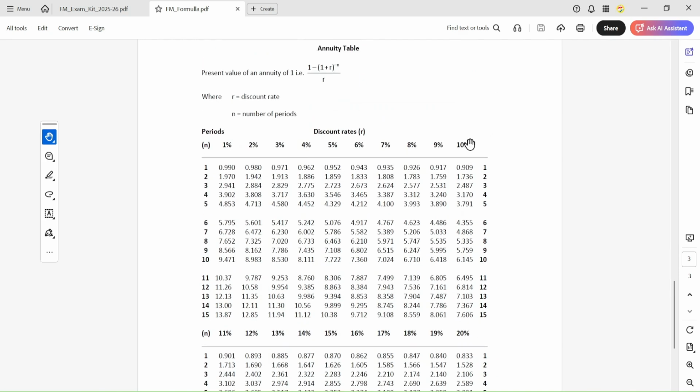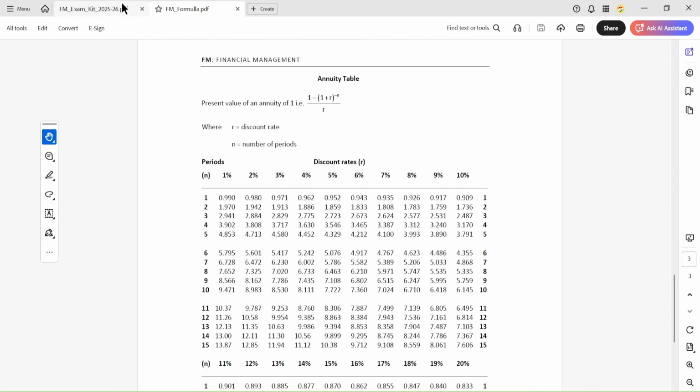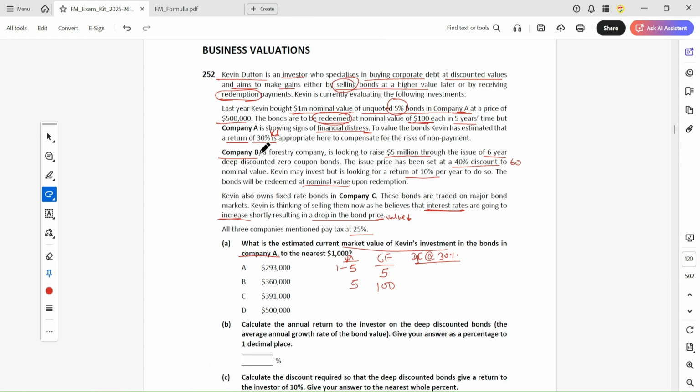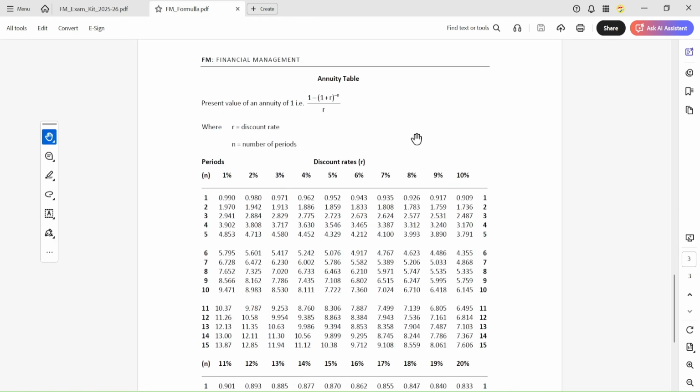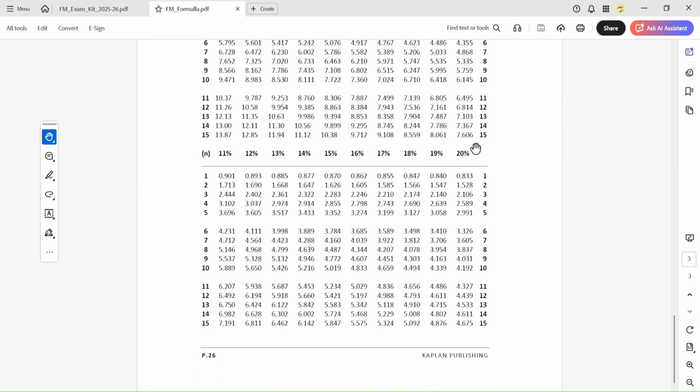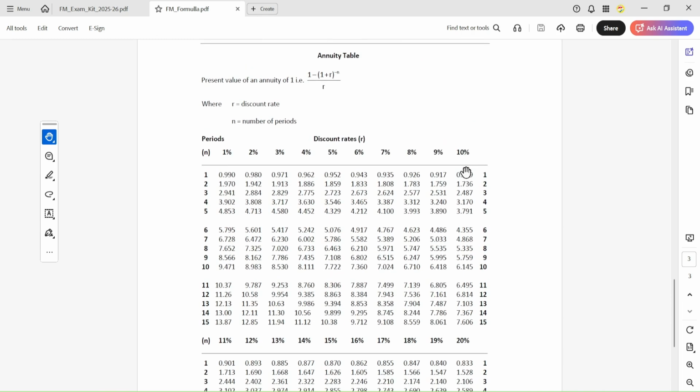Okay, so for the 30%, we have to calculate the annuity factor at 30%. We don't have it here, so we need to calculate using this formula.